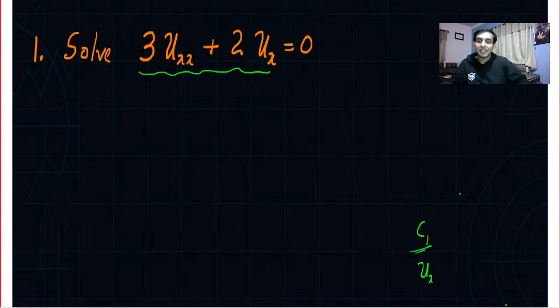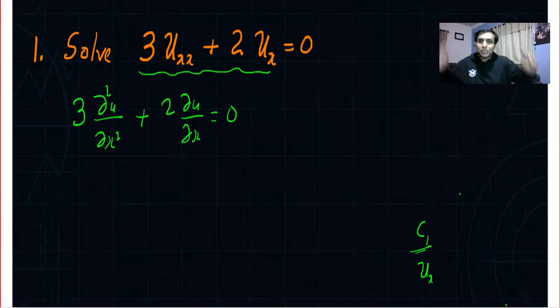Anyway, let's start. Let's write 3 del square u by del x square plus 2 del u by del x, so that it looks like our standard equation. Now, what should we do? Come on, you learned it in the last video.